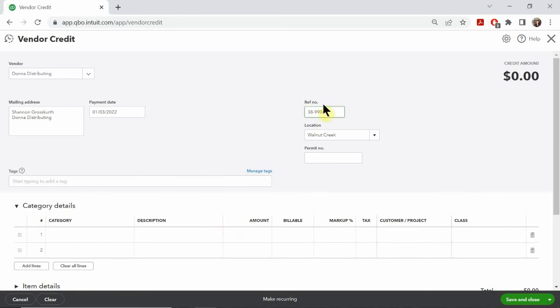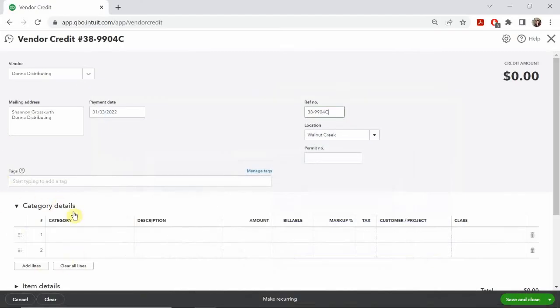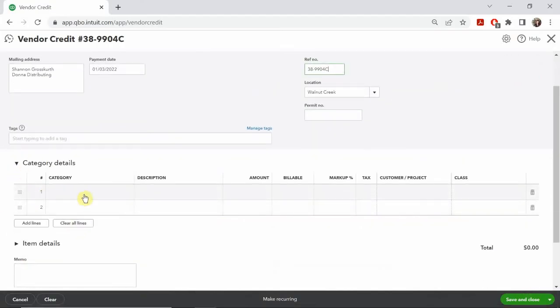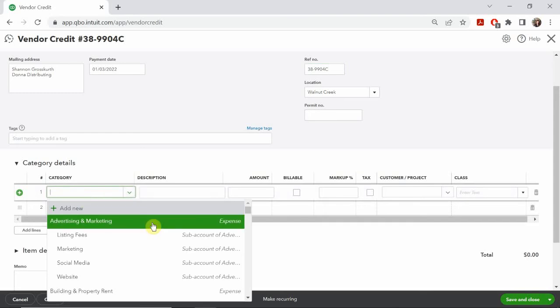Okay, and of course you have, let's see, Walnut Creek is what we purchased it for, and it was for the shipping and freight handling delivery charges and you got overcharged for the shipping. So in this case, I am going to go to category, okay, and we did this for the cost of goods sold shipping.